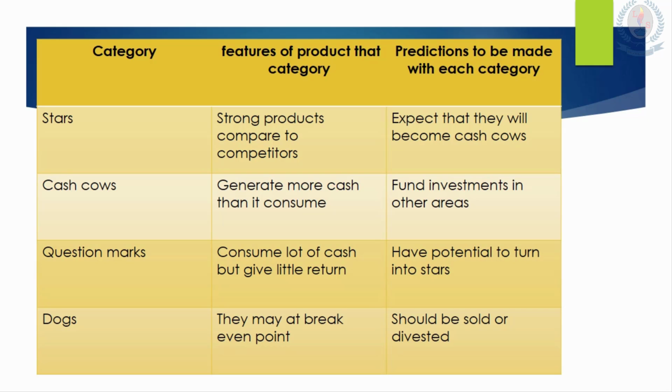Think that they have a high growth rate in the product line of smartphones, and the relative market share of their smartphones is very high. Then they can invest more money and give first place to the Samsung smartphones. They can put that product category under the star category, and after that they can think about what the most suitable strategies are which they can use in that product line.